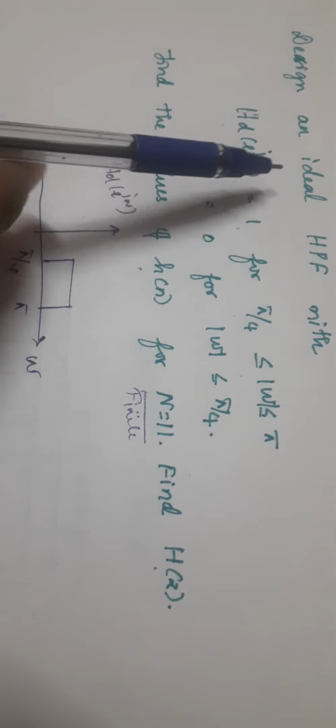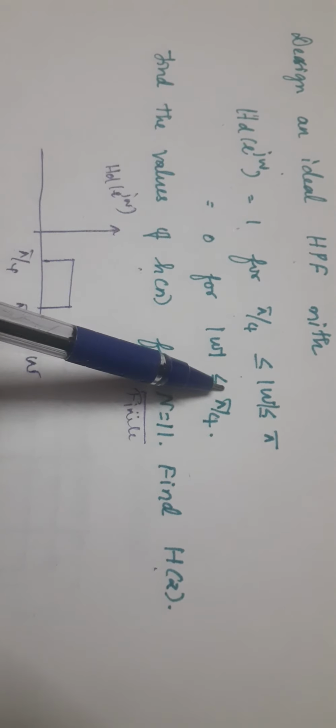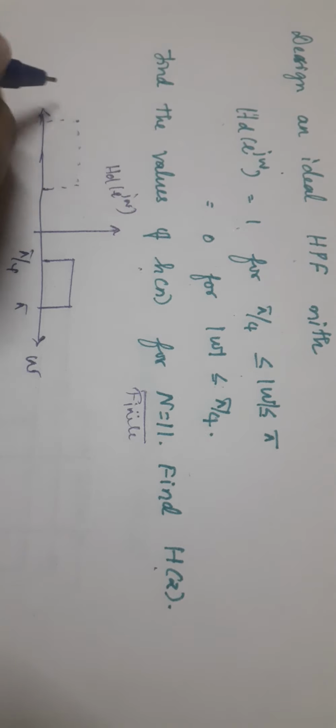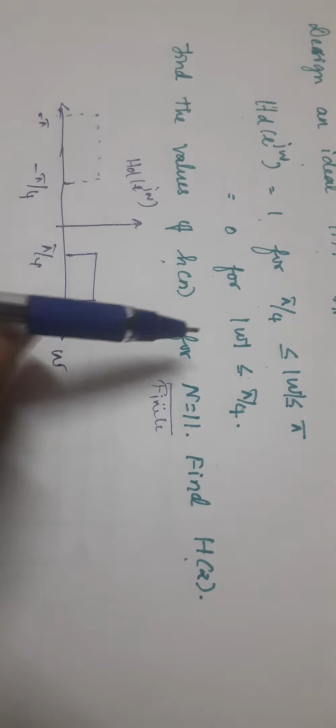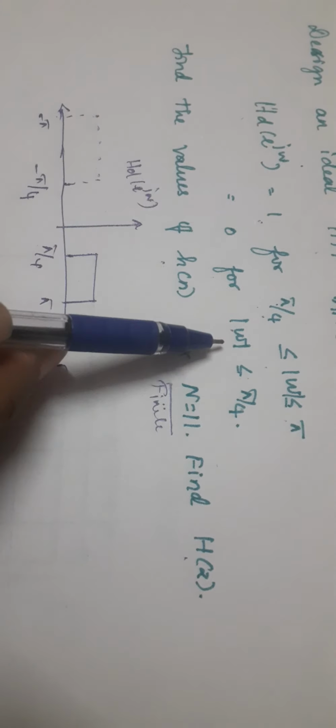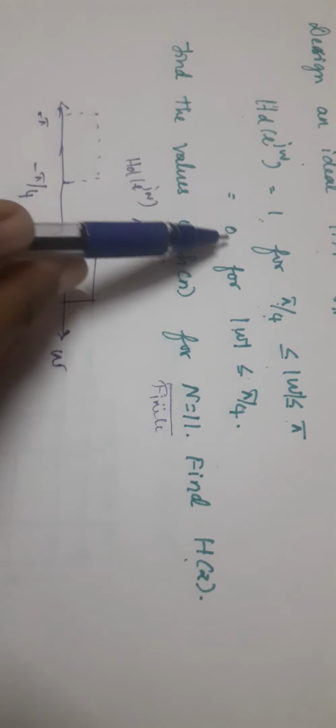If they give an ideal high-pass filter with π/4 to π, it automatically replicates the symmetric mirror image also, so from -π to -π/4 we have to take this too. Since it is 1 from π/4 to π, and the mirror image also, from 0 to π/4 the value is 0.